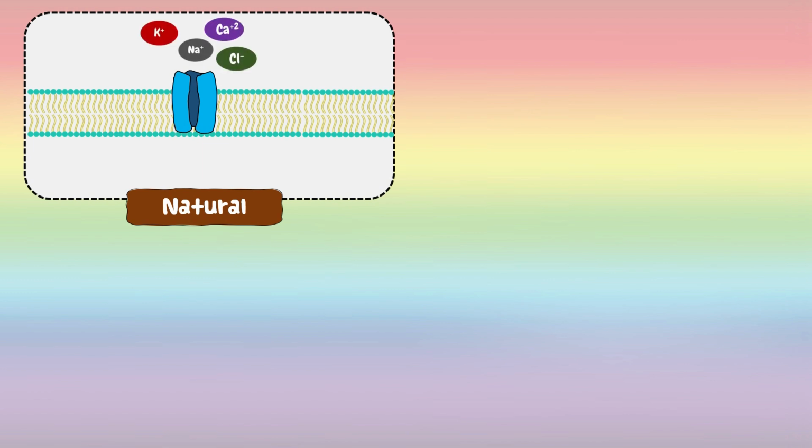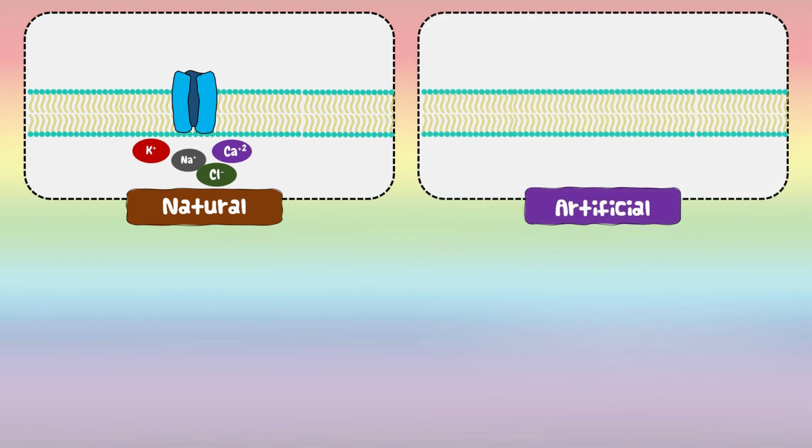In natural lipid bilayers, ions such as sodium, potassium, chloride, and calcium diffuse across plasma membranes at much faster rates than would be predicted from their very low solubility in membrane lipids. Also, different cells have quite different permeabilities to these ions, whereas nonpolar substances have similar permeabilities in nearly all cells.